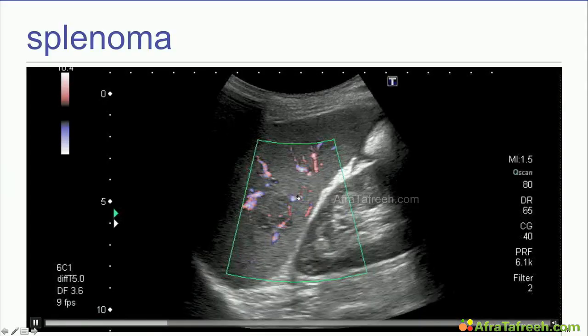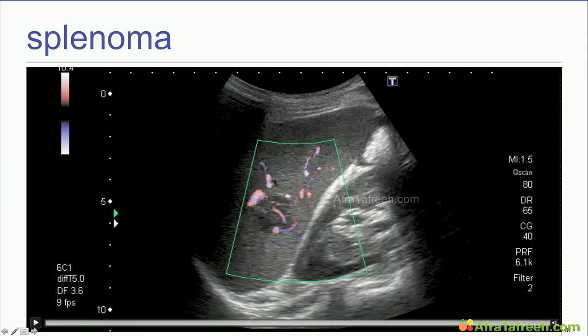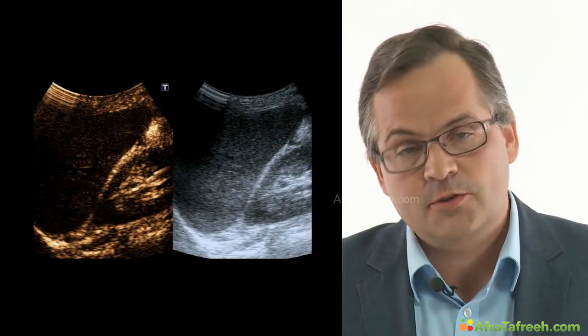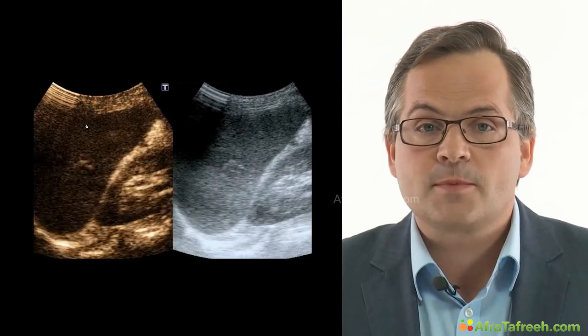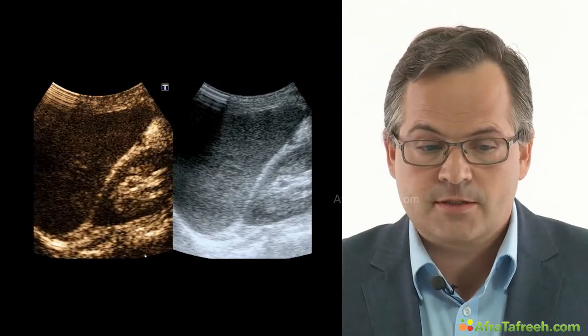So once again, there's a hint for the presence of a splenoma, which is a benign tumor of the spleen. When we use a contrast agent for the examination, the diagnosis of a splenoma becomes even more precise.